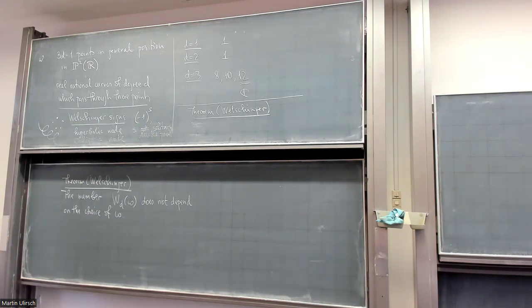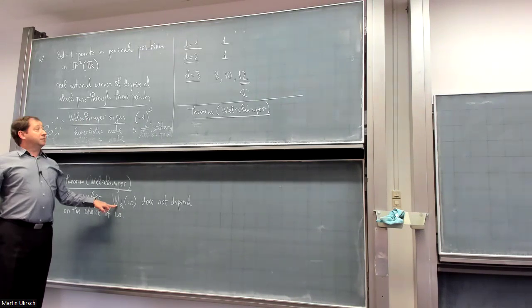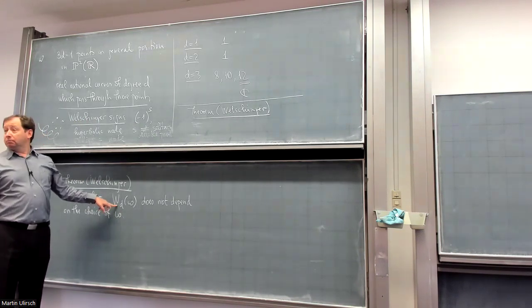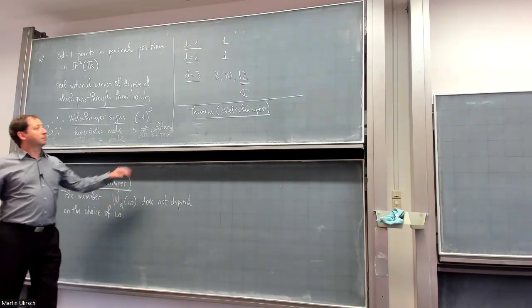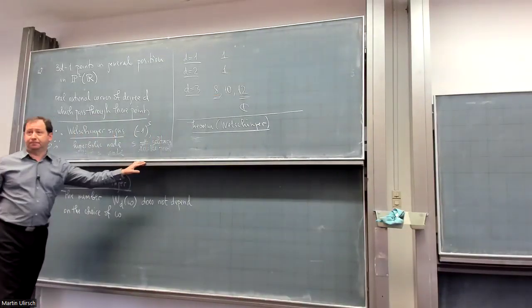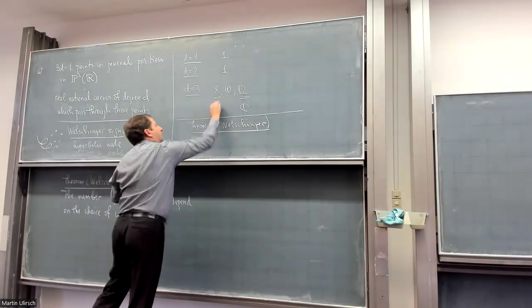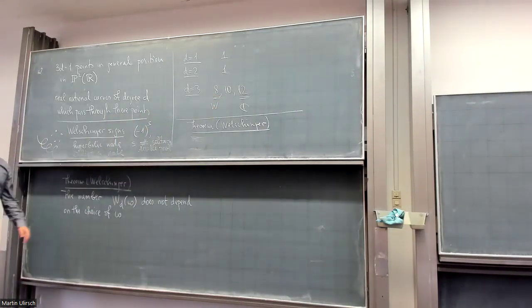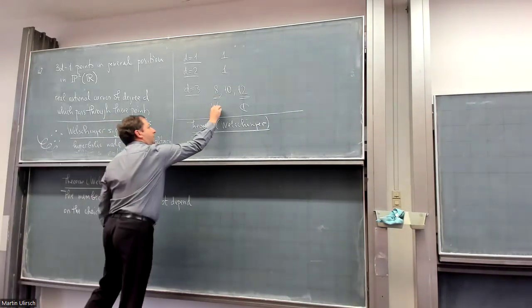And try to guess what this number is if d is equal to 3. It's in fact 8. So this is the value of the Welschinger invariant W3.